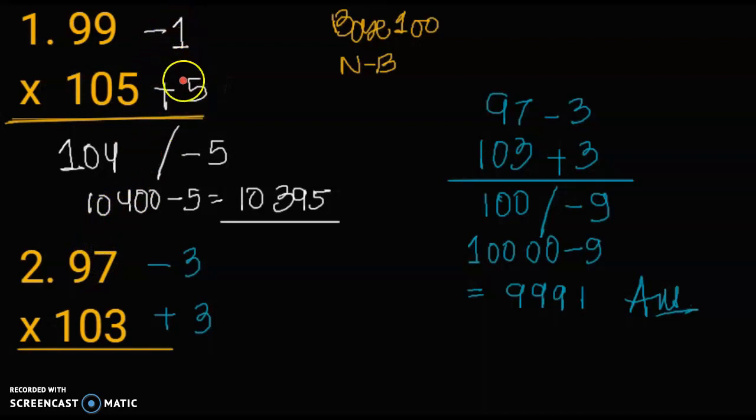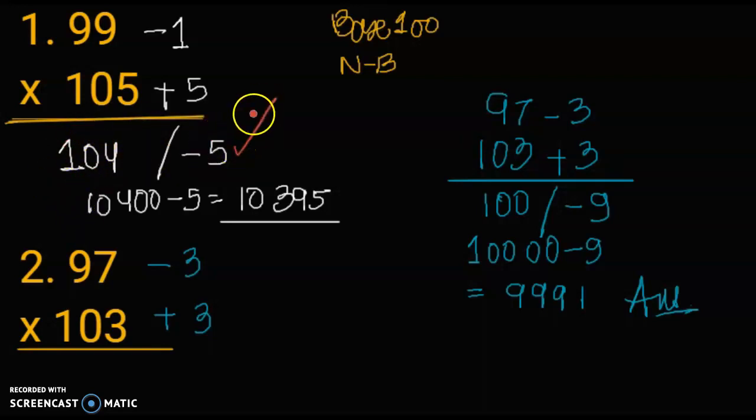Now you multiply the numbers plus 5 and minus 1 and you get minus 5, and we either cross subtract or cross add, you will get the same result. So 105 minus 1 is 104 and 99 plus 5 is also 104. So whatever is convenient you can perform and write the number on the left hand side.